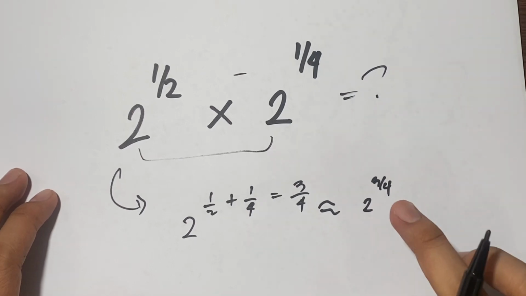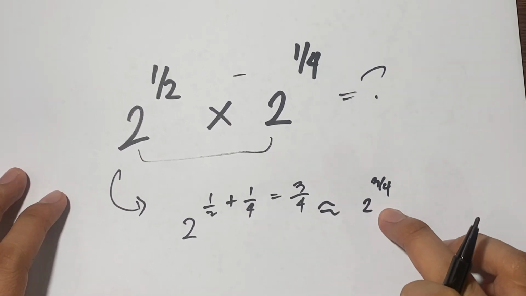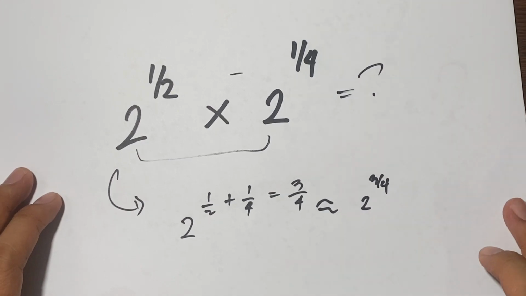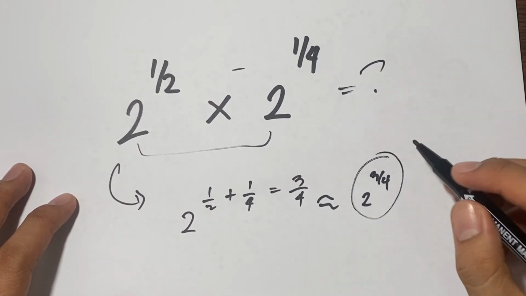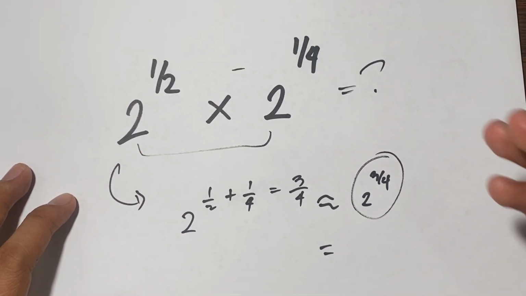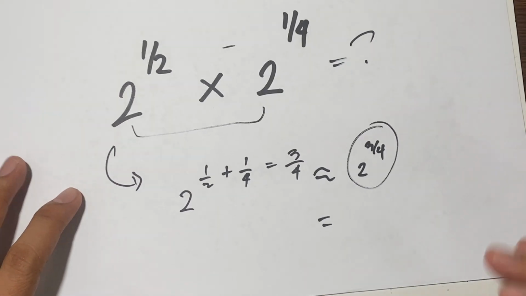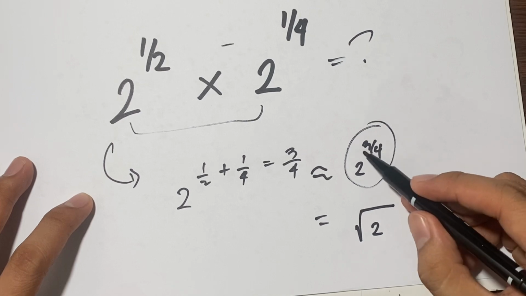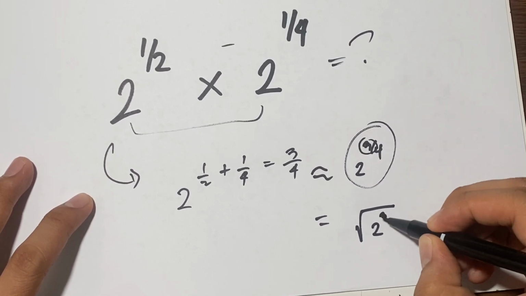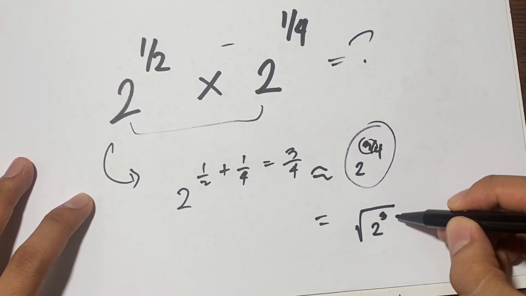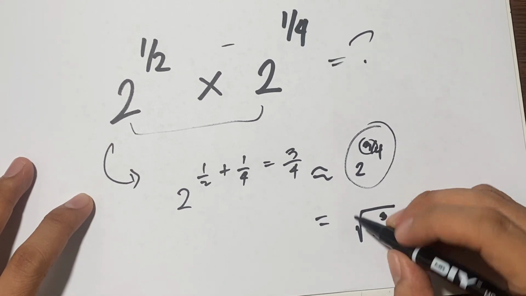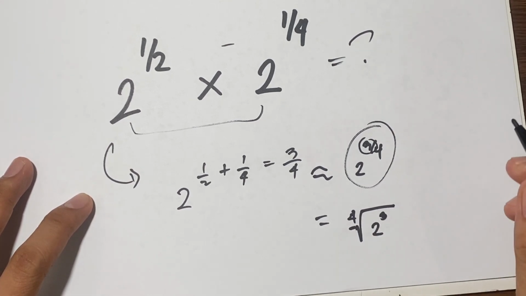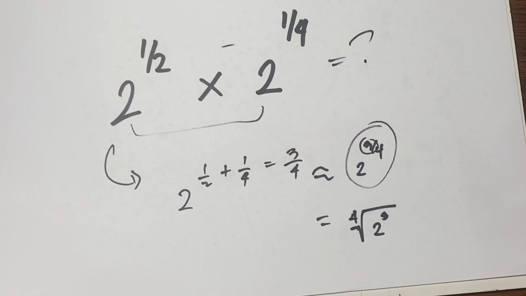If you're not able to find this in our choices in the multiple choice exam, that this form is not present, maybe it's in the form of its root form. So what would happen is that the numerator would be raised to the power of 3 inside, and the denominator would be the identification of what root we are looking for.